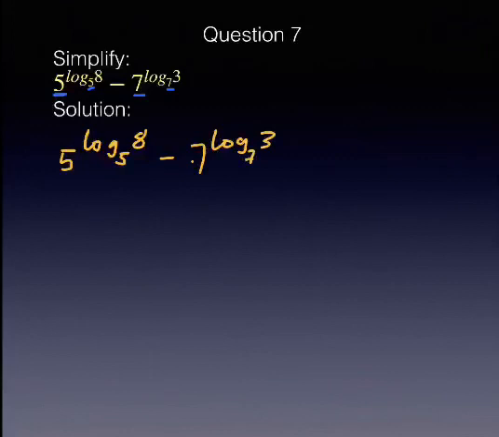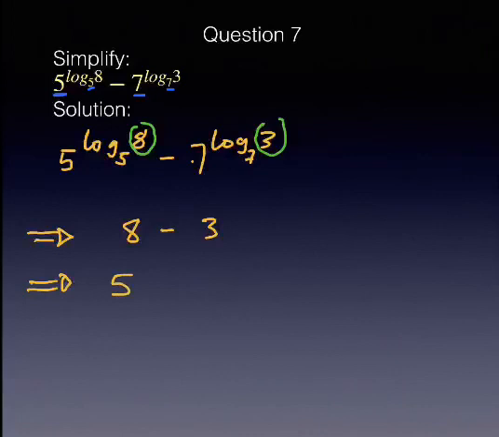We have the base of the log the same as the main base. So the outcome will be the argument, which is 8, and the other argument, which is 3. So to finish up, this is just 8 minus 3, which is just going to be 5.